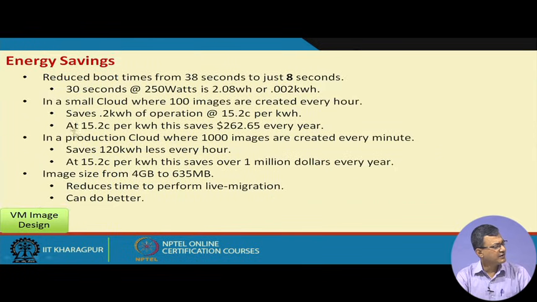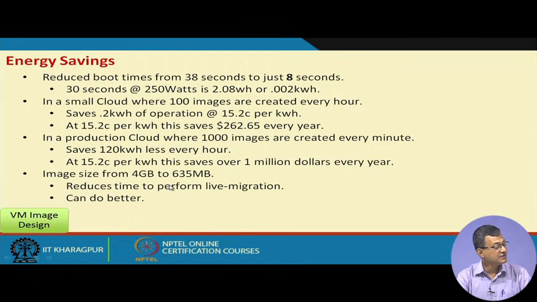There are different energy saving snapshot parameters, like reducing the boot time from 38 to 8 seconds. So, effectively we can have energy savings, even if a small cloud creates 100 images per hour. So much energy savings can be there. In a production cloud where 1000 images are created every time, it saves a lot of energy. The image size goes from 4 GB to something like 600 plus MB.